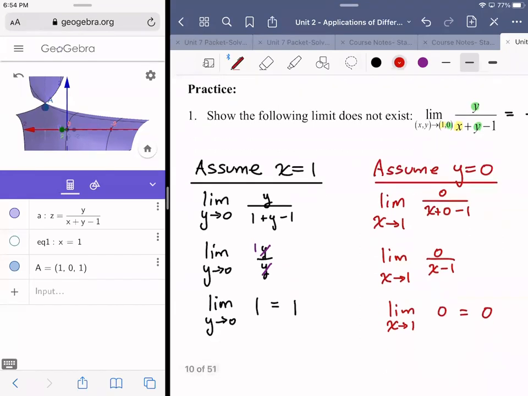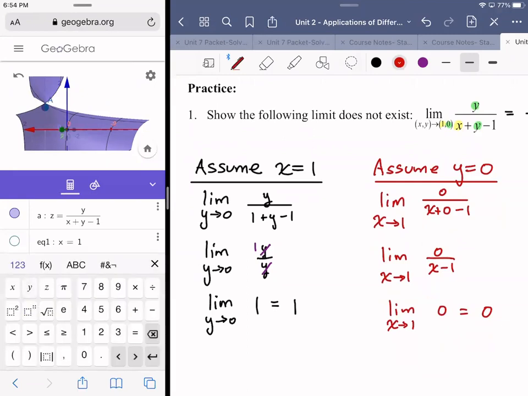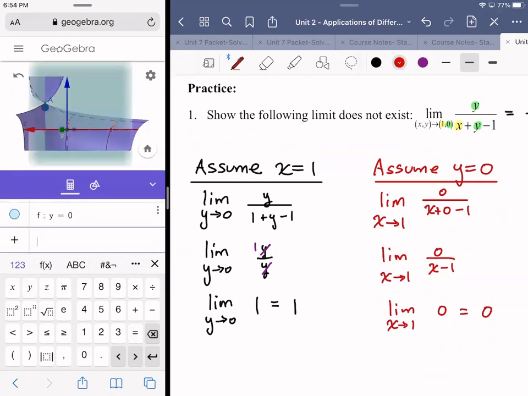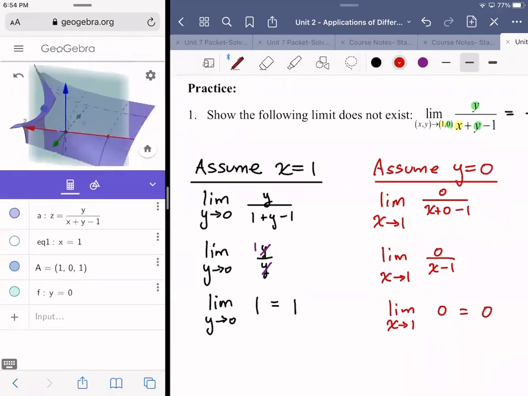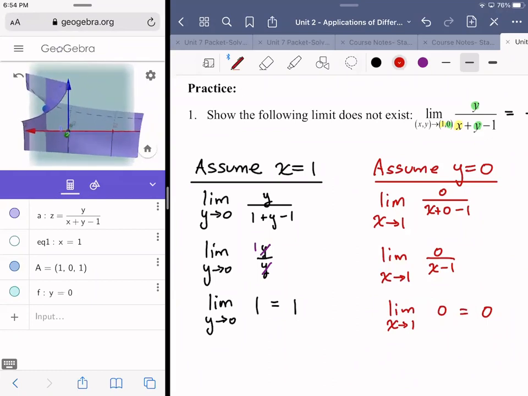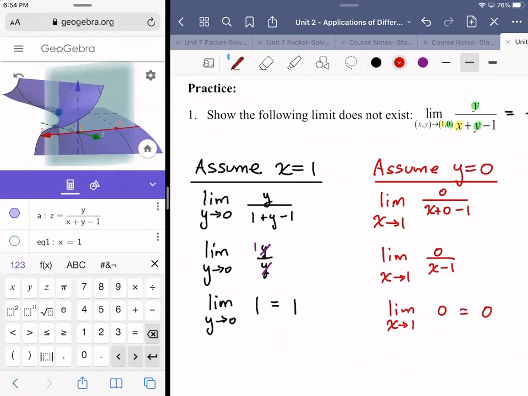So what this is saying is if we follow the path where y is equal to 0, that would be this plane. We want to know, is it going to approach or converge on the same location? We know the x values and y values are 1 and 0. The z value that we just discovered is supposed to be 0 for following that pathway.